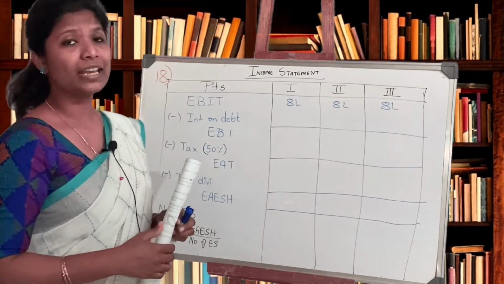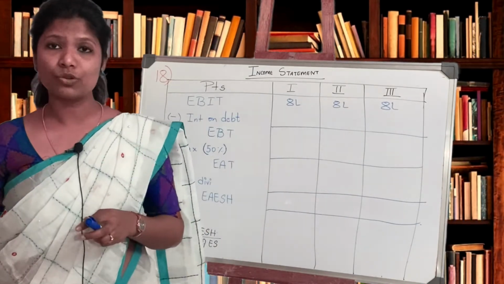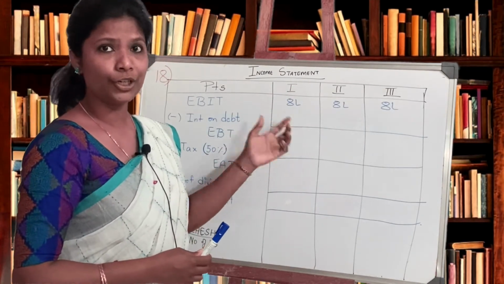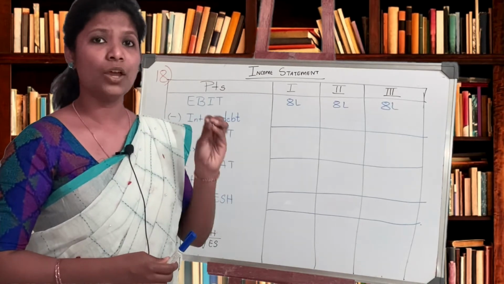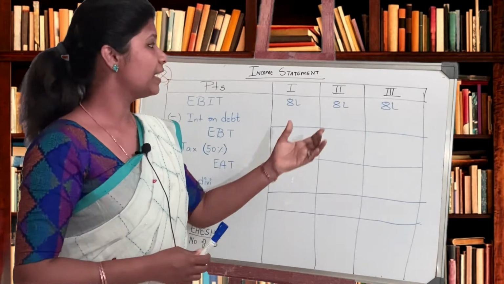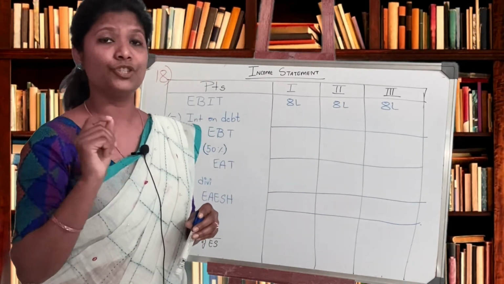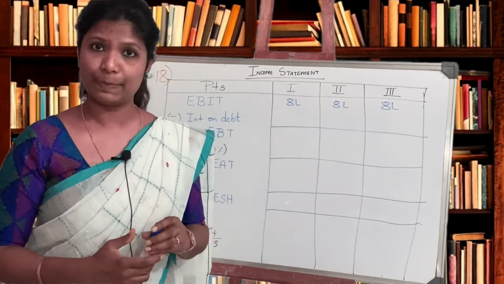Next, we are going to deduct interest on debenture. Remember, we are only talking about the plans. Under plan 1, do we have debenture? No. Under plan 1, we are issuing entire equity, no debenture, completely equity. Under plan 2, do we have debenture? Yes. Plan 2 itself is to raise the extra needed capital through the issue of debenture.